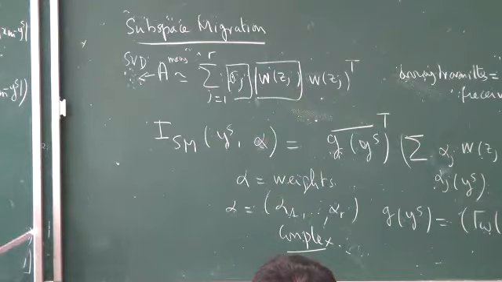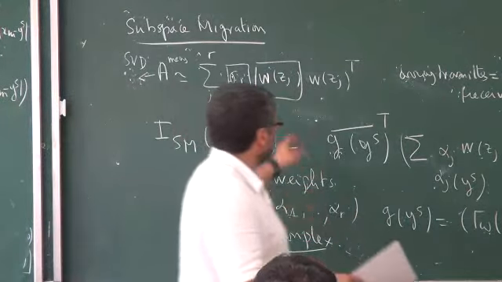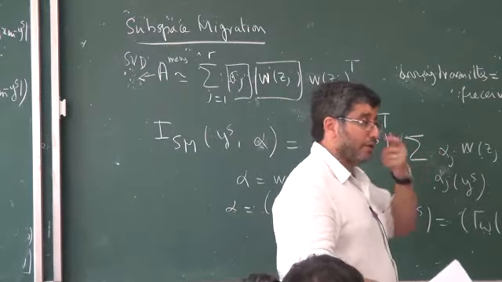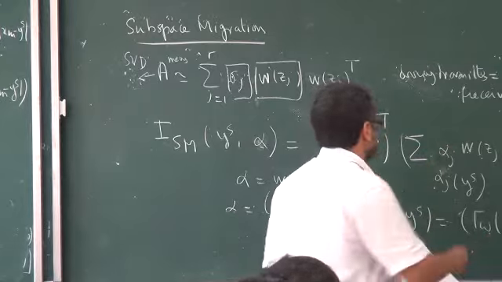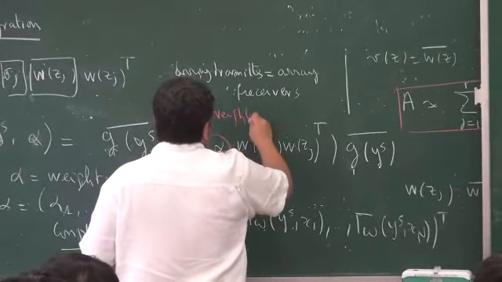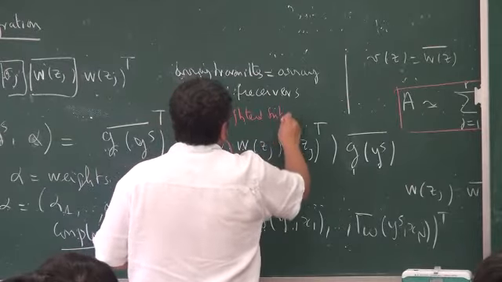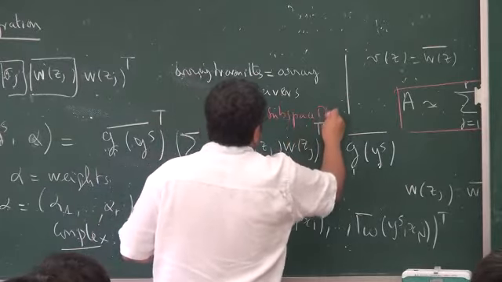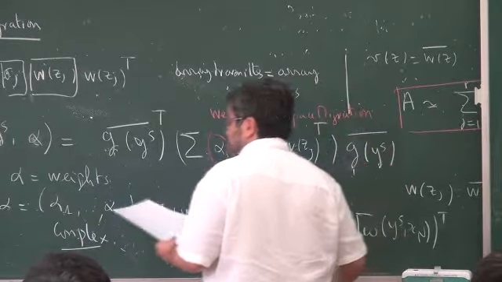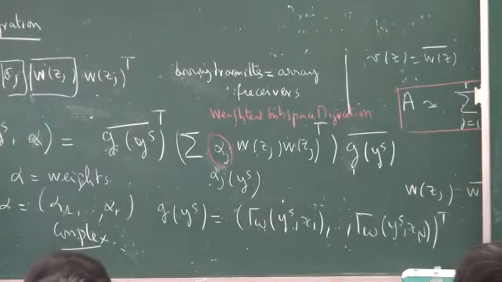So the most stable algorithm is this one, reverse time migration. So among all of these choices of weights, in this class of weighted subspace migration, let me make this statement more formal.